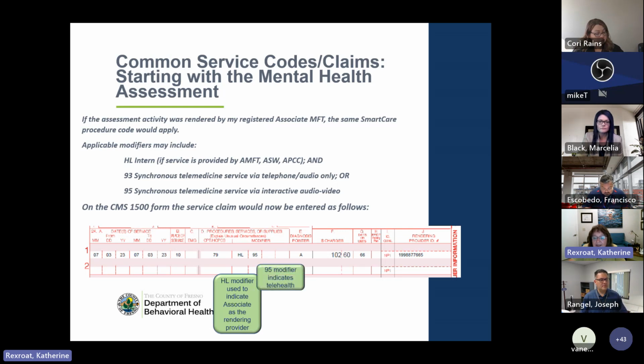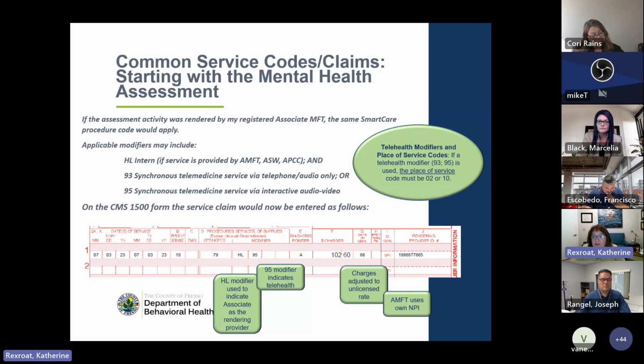The 95 modifier indicates telehealth. I have adjusted the charges to the unlicensed provider rate, and the AMFT uses their own NPI number. Very important, when you're using the telehealth modifiers, you also must be conscious of the place of service codes.